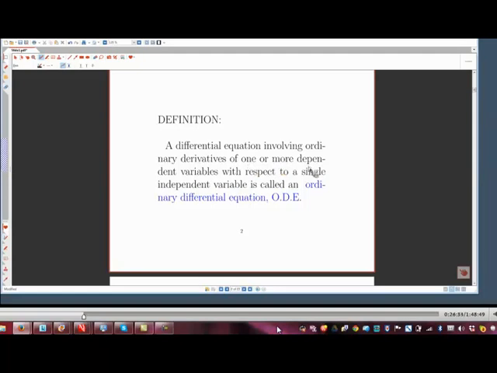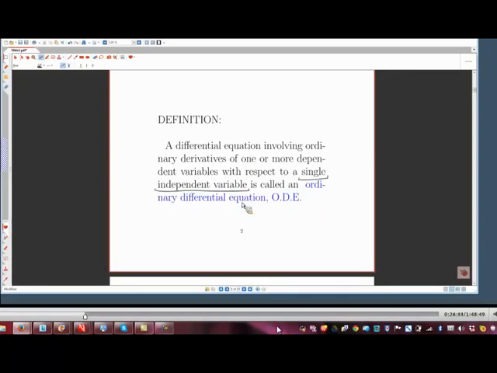A differential equation involving ordinary derivatives of one or more dependent variables with respect to a single independent variable is called an ODE.